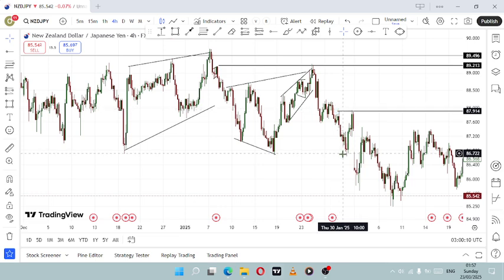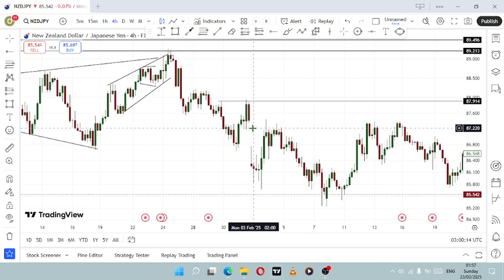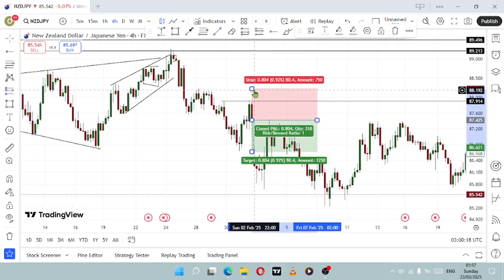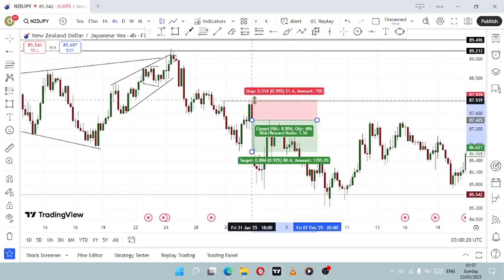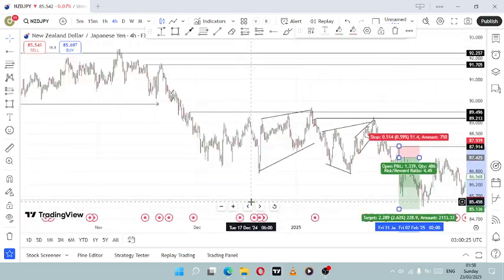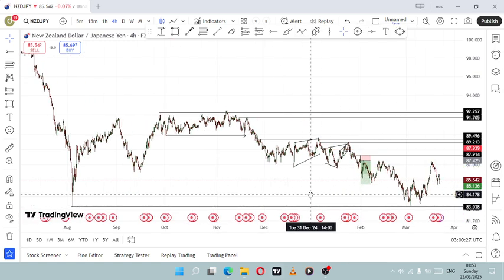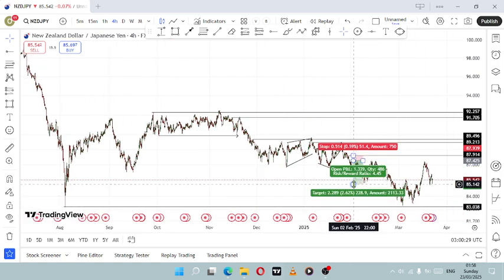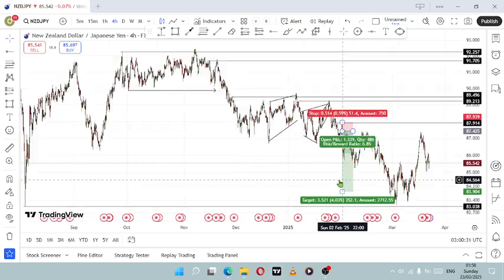So we left these 2 points here. Price came back to tap into the structure. So one can take this, put your stop above, and then you target the lows.